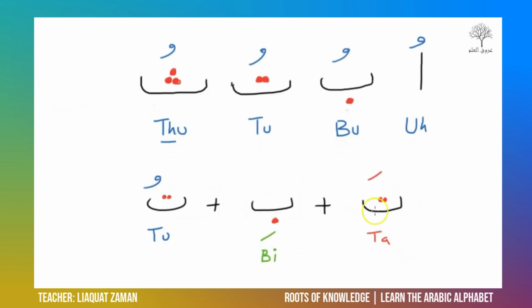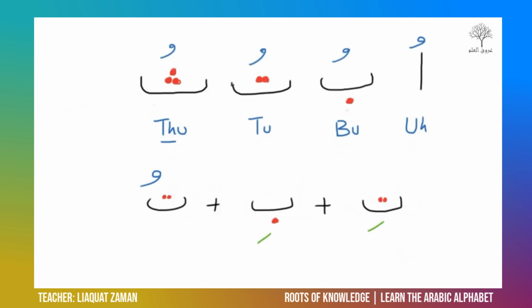Ta, bi, tu. Okay, let's have another go, and this time let's try another combination. So this would be ta, bu, tu.